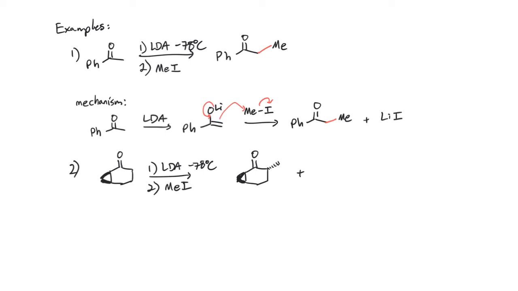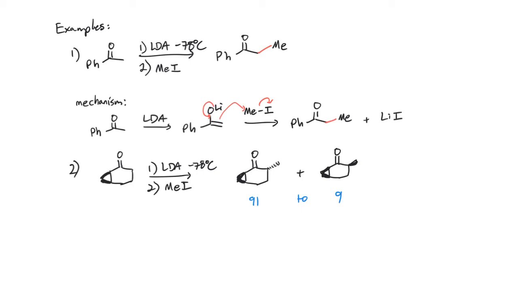One of them has the methyl group on the less sterically hindered side, opposite of the cyclopropane, and the other has it on the same side. You should expect, based on sterics, that one of these is easier to achieve than the other, and that's the case. Because of this wedged cyclopropane ring here, it's much easier to do your attack from underneath.